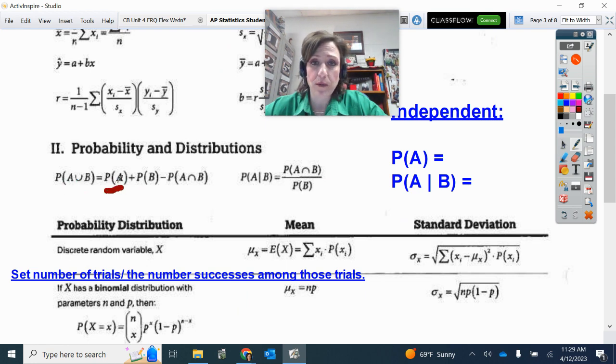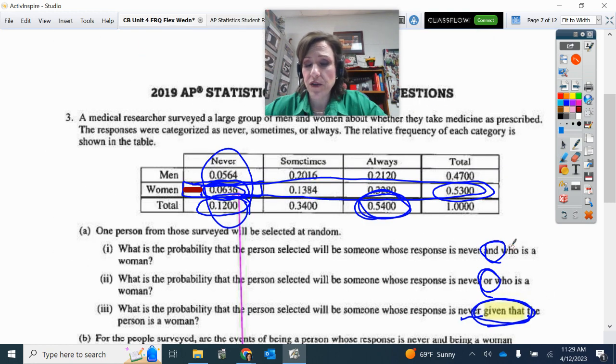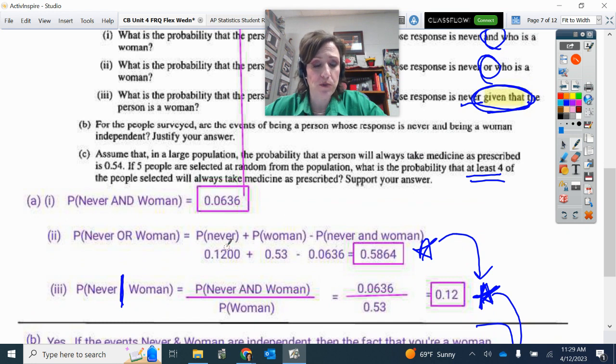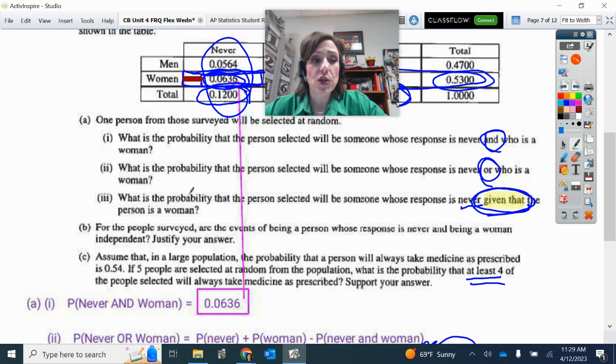See, the overall women probability plus the overall never probability minus the women and never that you just computed in the first part. So there's how we get that right here is shown 0.12 plus 0.53 minus the intersection. And there's your 0.5864.